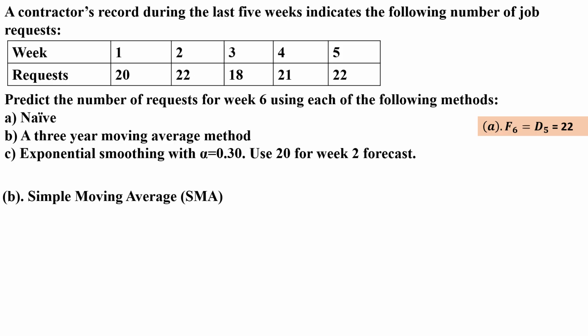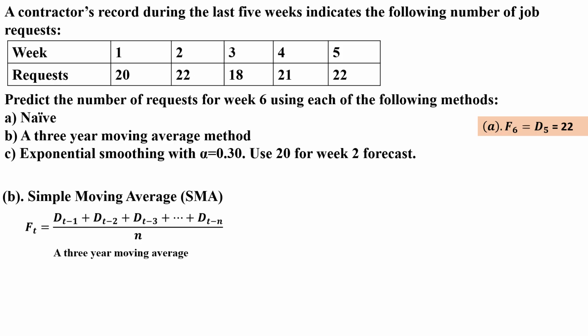Next we will move to the simple moving average with the 3-week moving average. We know the formula for the simple moving average: F(t) equals D(t-1) plus D(t-2) plus D(t-3) up to D(t-n), divided by n. Here it is a 3-week moving average, so we only consider the last 3 weeks of demand data.